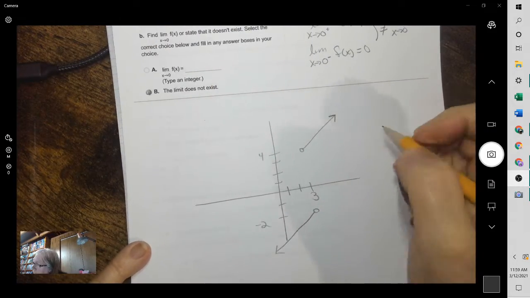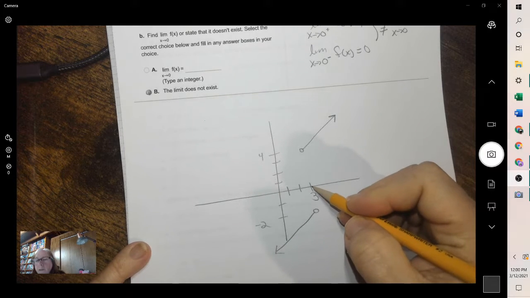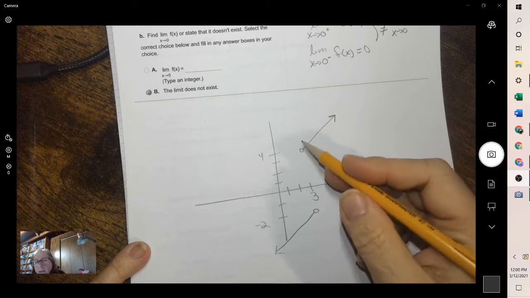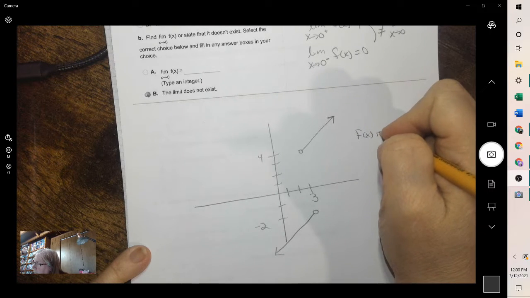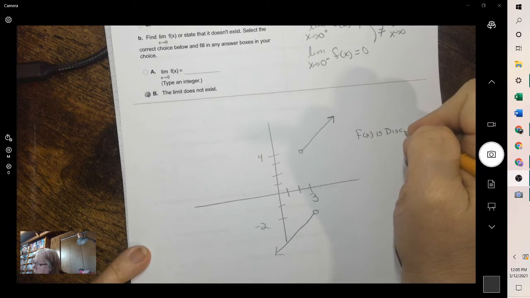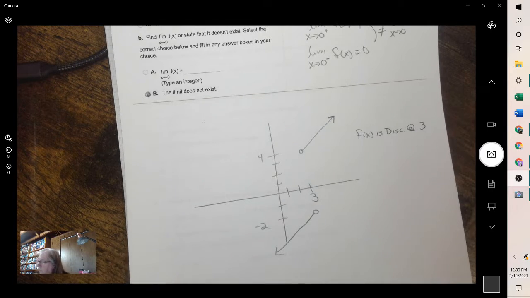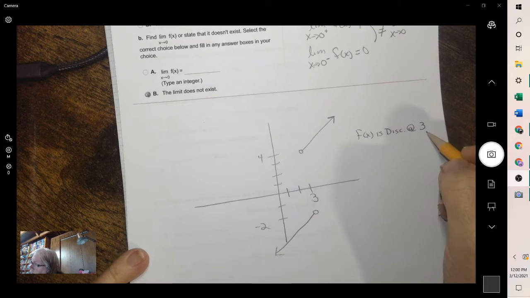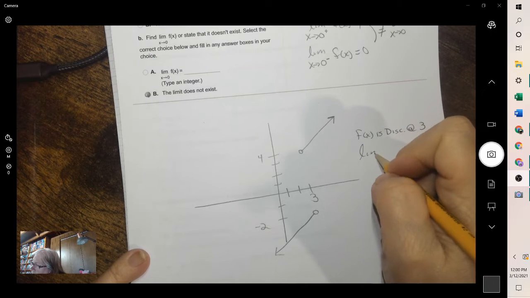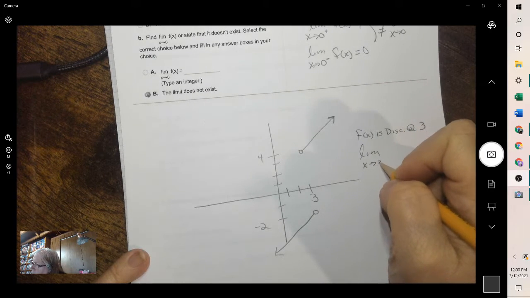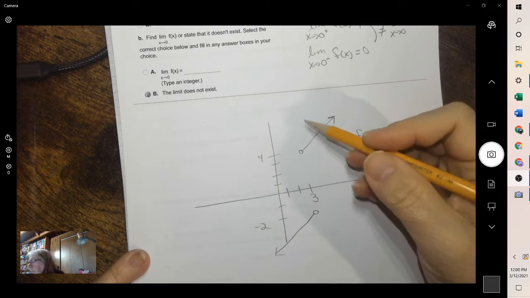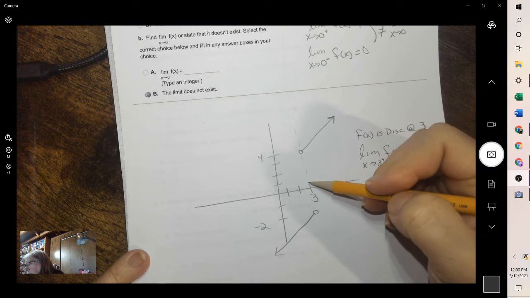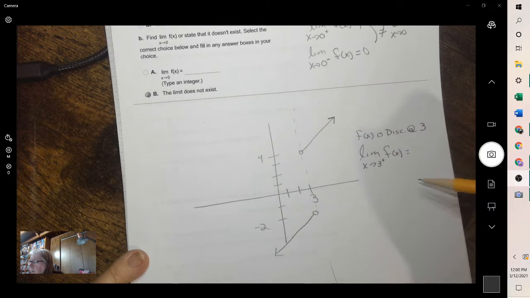So if we look, notice it's discontinuous at 3 because there's a break. So it's discontinuous at 3. The limit as x approaches 3 from the right, if you want, you can think of drawing a dotted line on your x value.